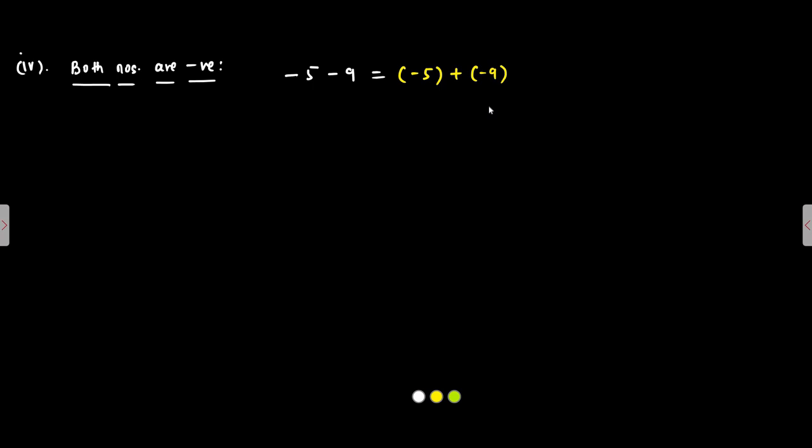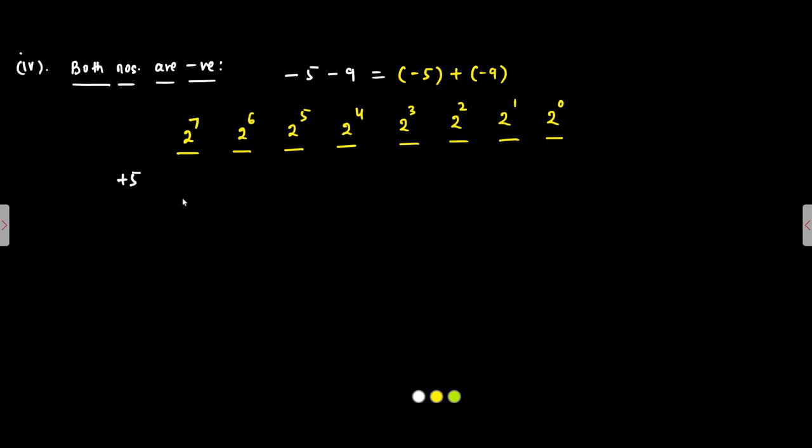So here minus 5 and minus 9 will be represented in 1's complement form. So the usual process, so we are using 8-bit format. Okay, so first we have plus 5.